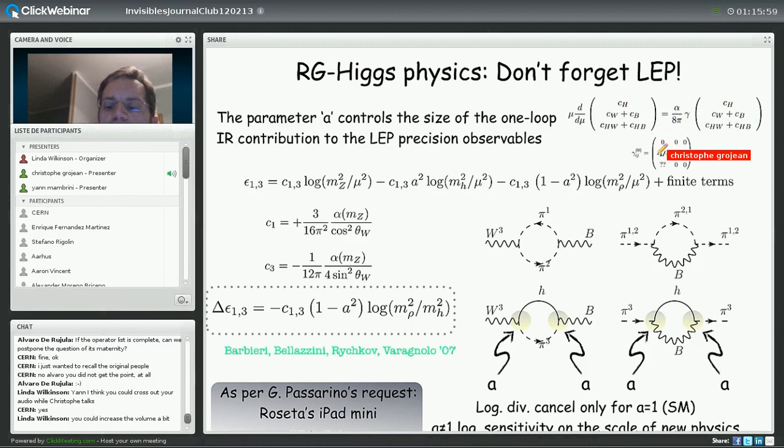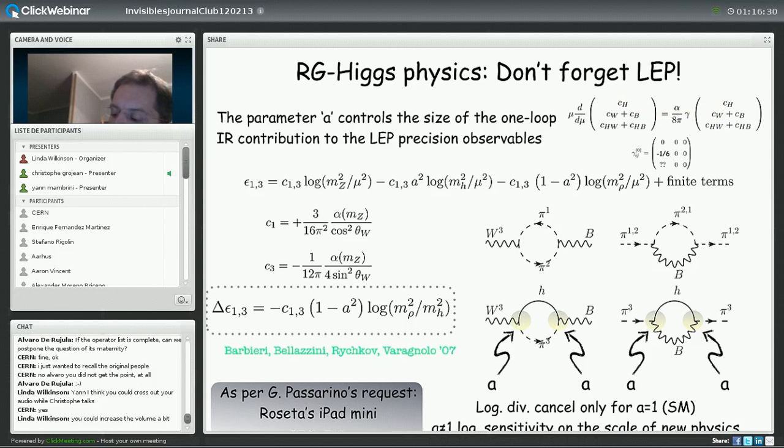Here again there is the same anomalous dimension, and indeed CH has an anomalous mixing with CW plus CB, which is nothing else than the S oblique parameter. This means that if at the scale of new physics you generate CH, then by the running you will generate the S oblique parameter at the weak scale, basically the scale which is probed by LEP and LHC.